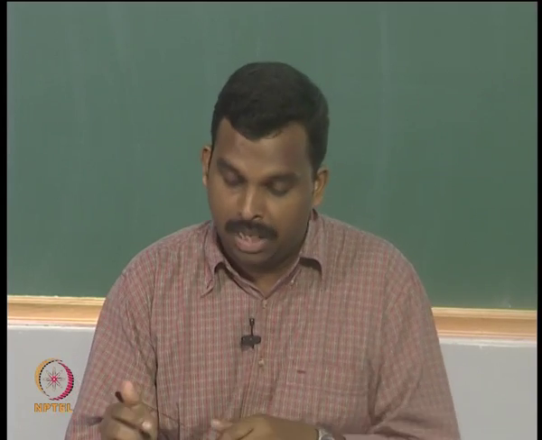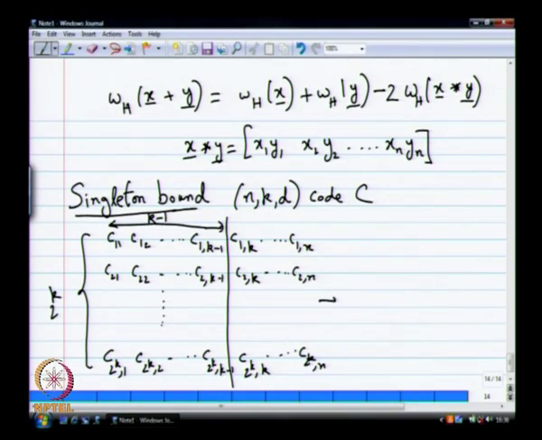Okay, so maybe let us say the ith row and the jth row repeat. So in the ith row and the jth row, what will happen? What will happen in the jth row?